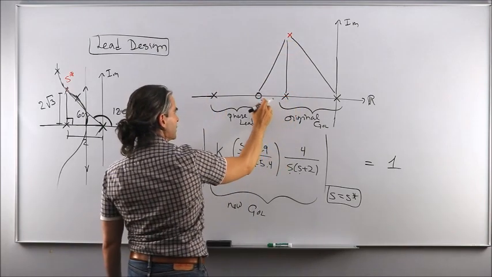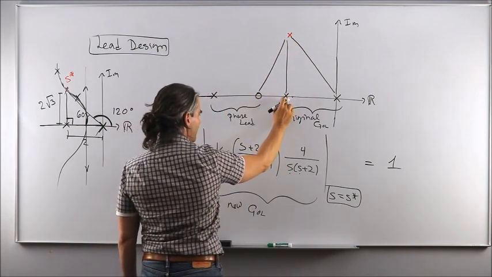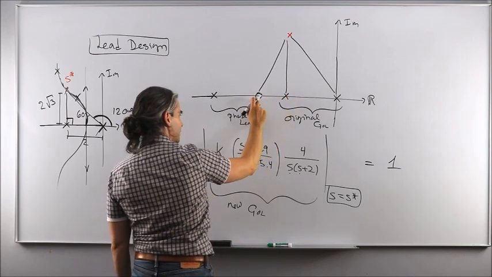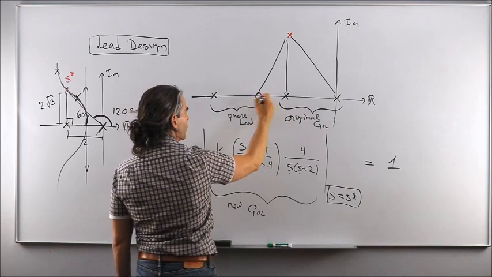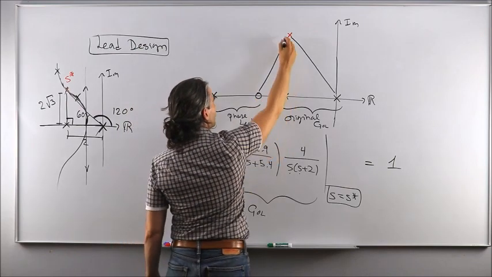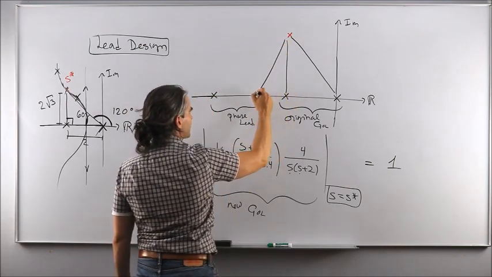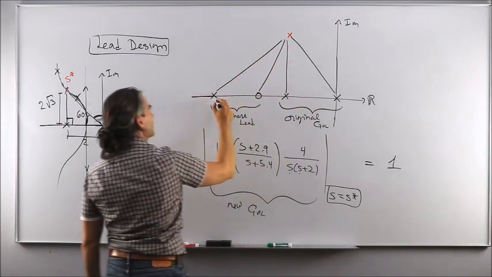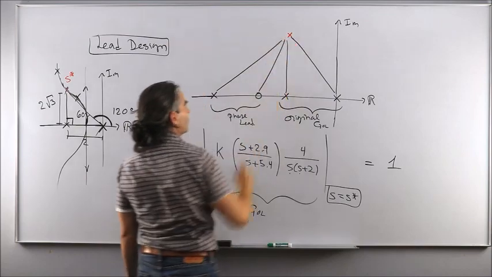You know that the distance between this zero and that pole is 0.9, because that one's at minus 2, and this zero is at minus 2.9, so 0.9, 2 times square root of 3, you can figure out the distance between this zero and that pole, and similarly to obtain the distance between this pole and the desired pole location in red.